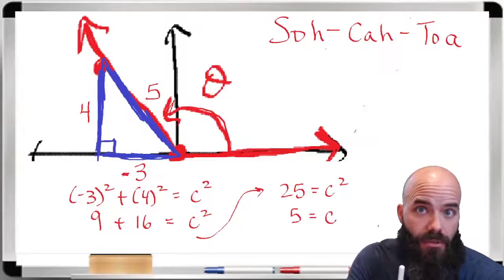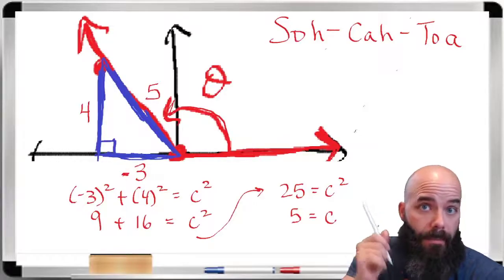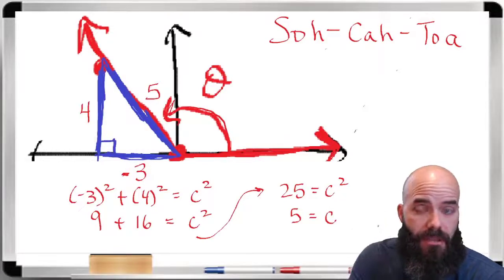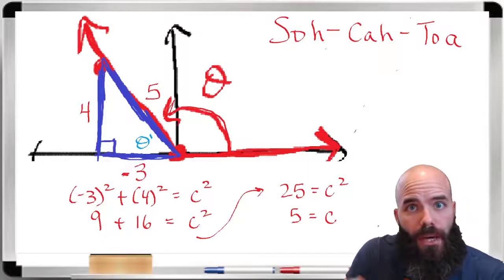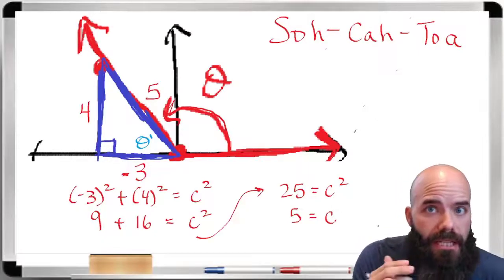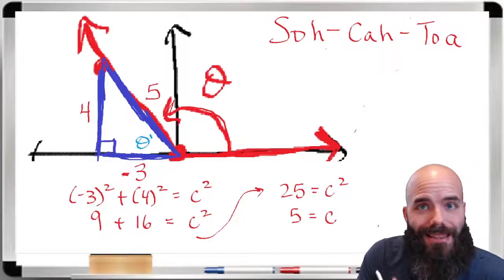Hopefully you've been introduced to the reference angle. If not, I may make a little short video about finding the reference angle for particular angles, so look for that. But the reference angle is a positive acute angle that's created by the terminal side of an angle and the x-axis.